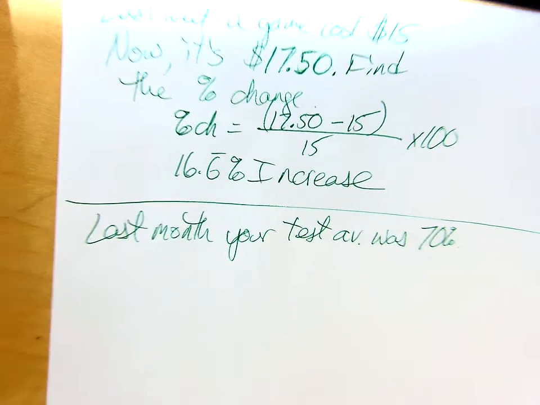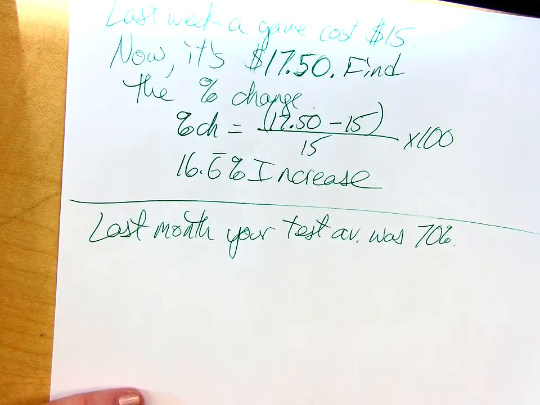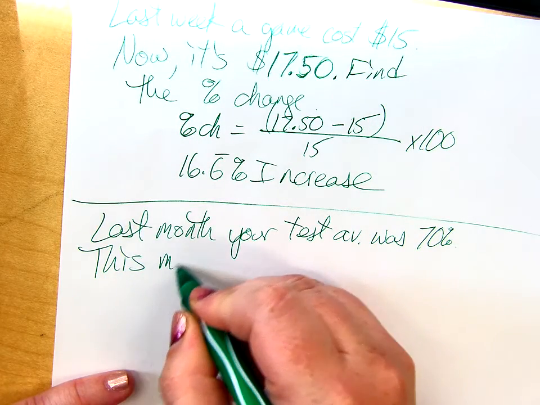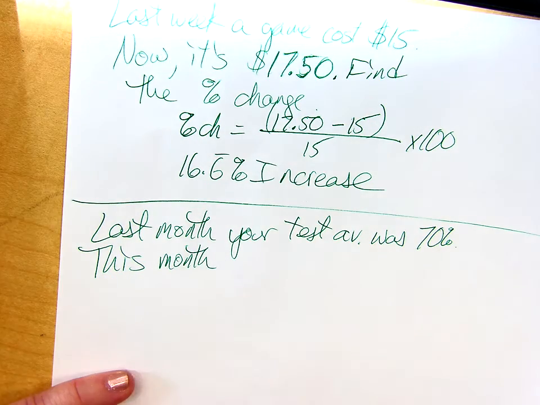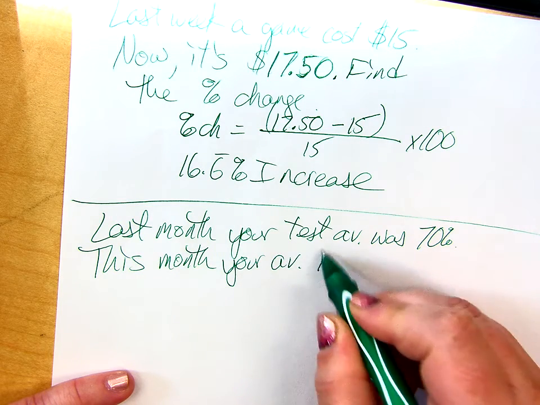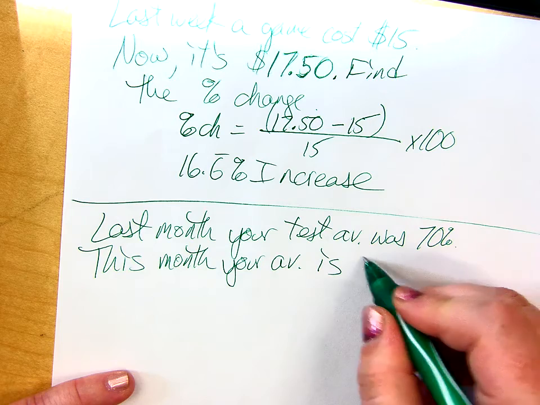Do you want to go up or down? Let's go up. Okay, we got the spirit. This month, you've been studying and staying after and working hard. Your average is, let's say, up to a 79%.